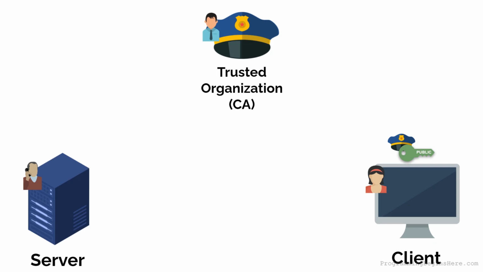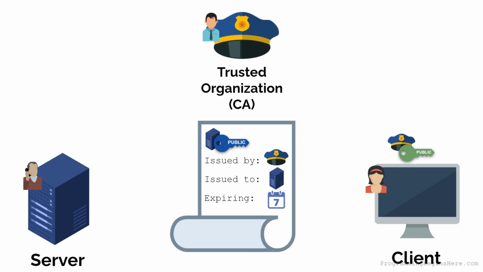The server, before it actually starts serving any request, asks a trusted organization to verify and vouch for it. Trusted organization verifies the server information, creates the SSL certificate with the server's public key and other information in it, and puts its digital signature. Finally, when client establishes HTTPS connection to the server, it verifies the certificate.